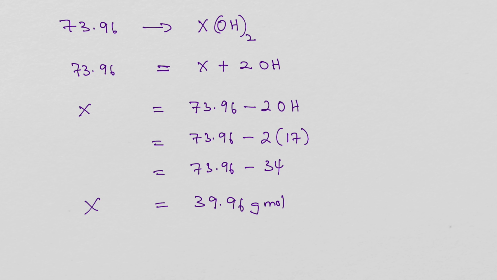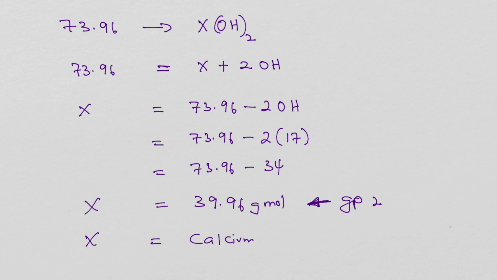Now if I look in the periodic table, I know that's group 2. So we saw that that was group 2. And if you look at the relative atomic mass of the elements in group 2, that X happens to be calcium. So X is calcium.